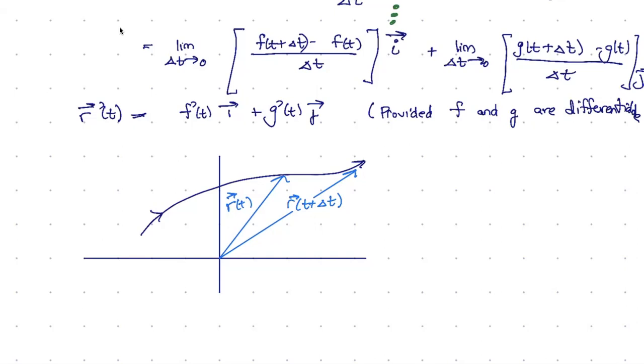As I make their difference smaller, the resultant vector that is going to ensue is going to be a vector that is tangent to the curve at t.